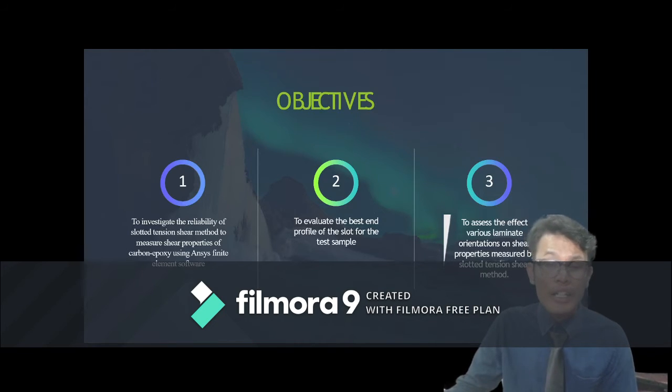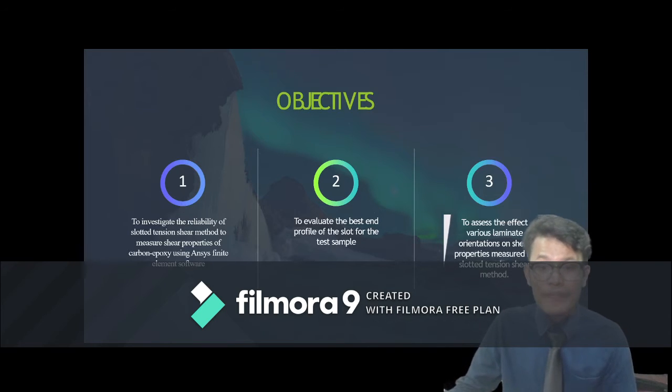ANSYS software is among the best finite element analysis, or FEA, software to analyze the properties of material. The second objective is to evaluate the best end profile of the slot for the test sample.